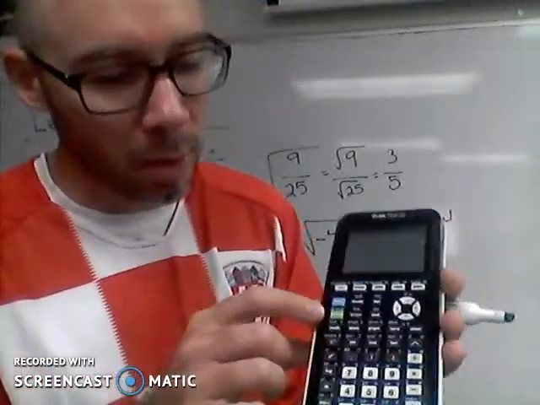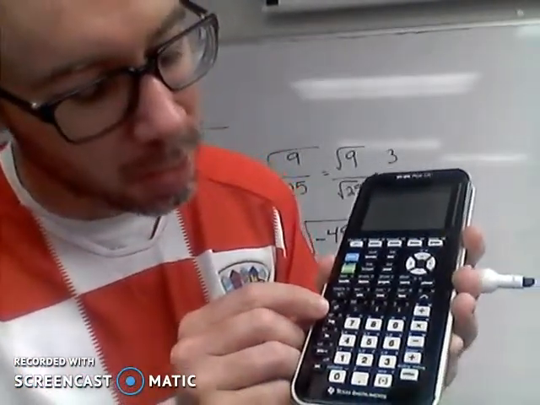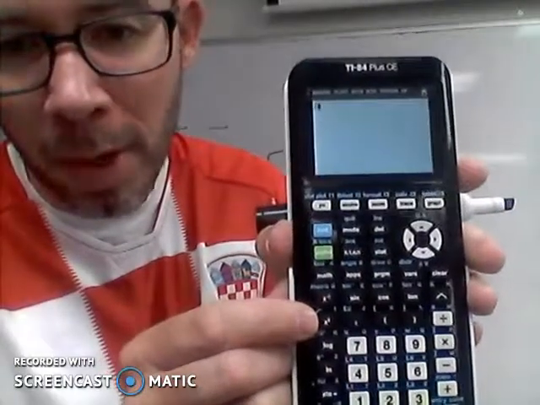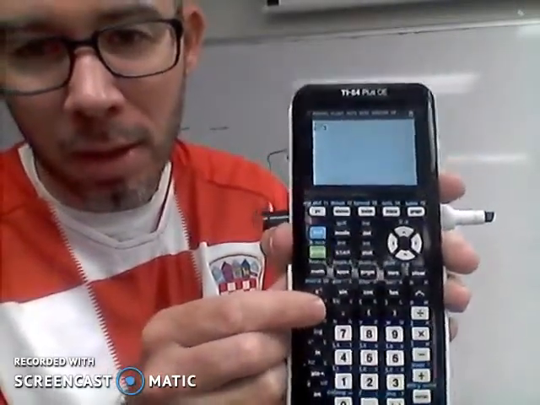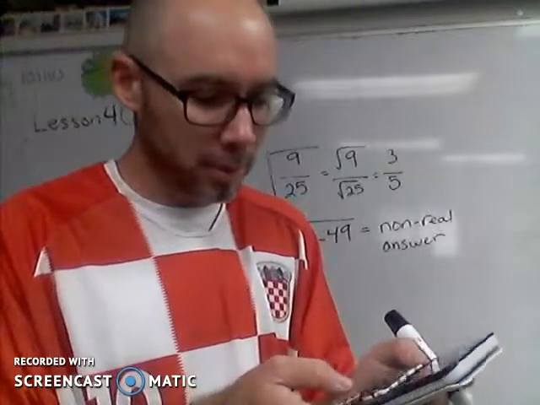If you want to do square roots, you're going to use your blue second button, and then you're going to push the x squared, because in blue above it you've got a little root sign there. So that's what you need to do in order to carry out that operation.